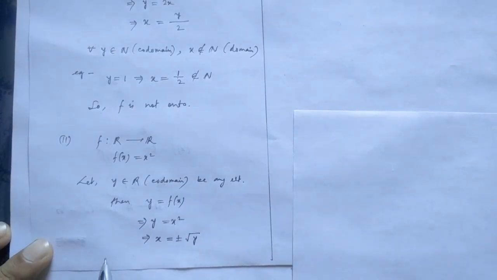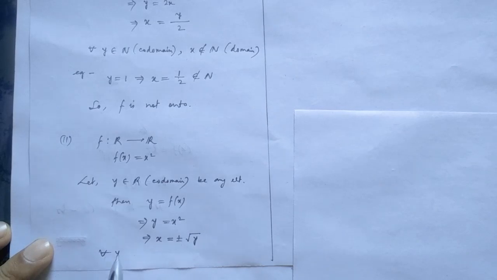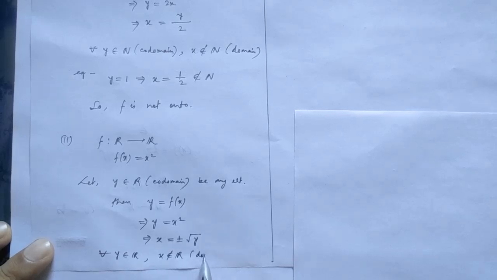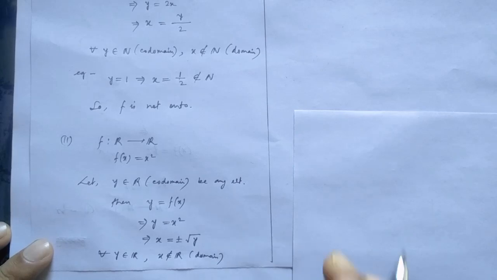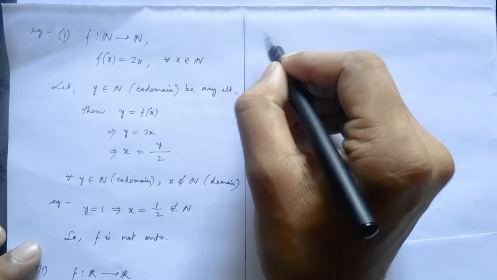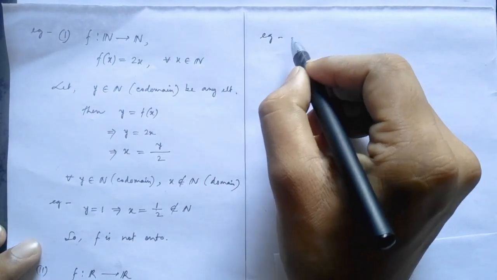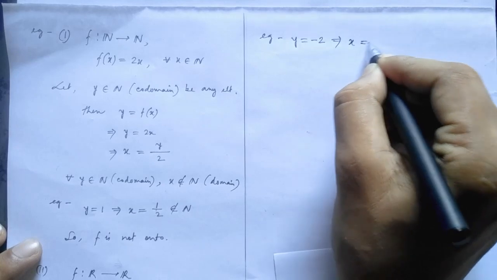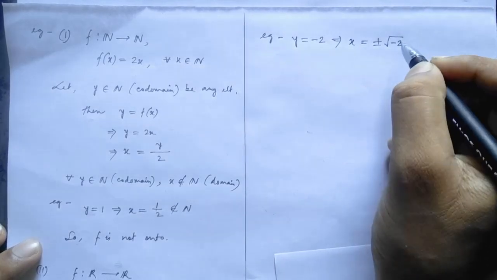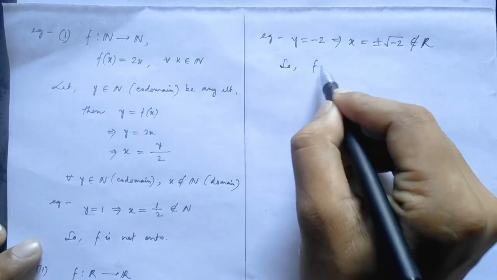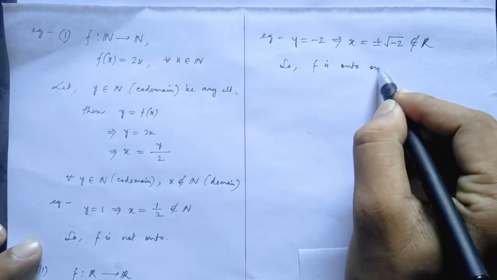So here for all y belongs to R, this is the codomain, x does not belong to R, this is the domain. Because if you take some example, suppose y equal minus 2, then x equal plus minus root over minus 2, which clearly does not belong to R. So f is not onto.